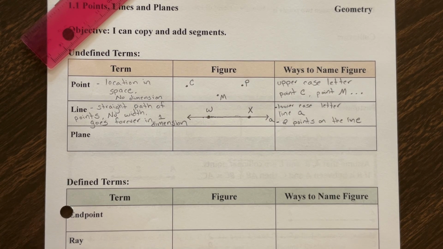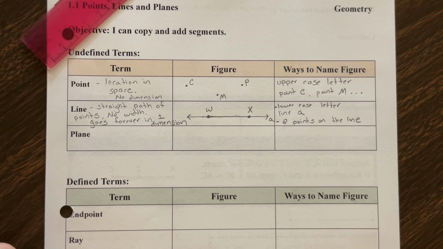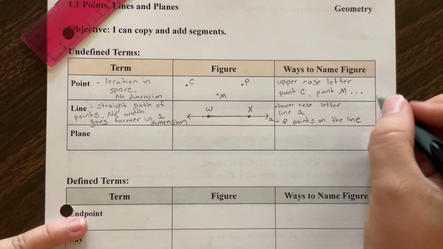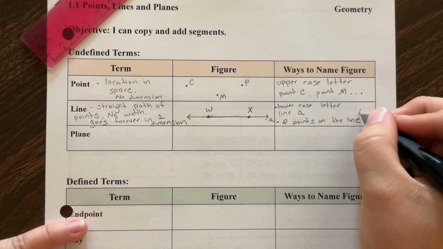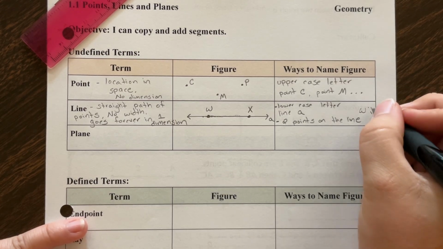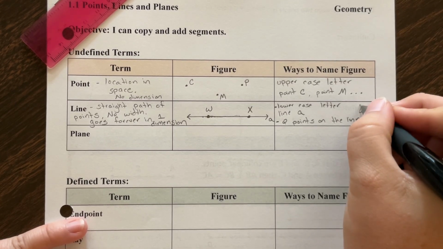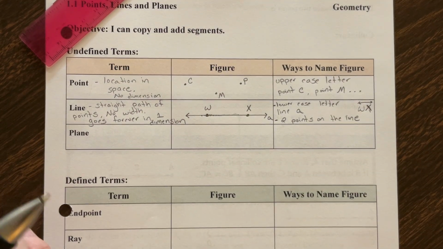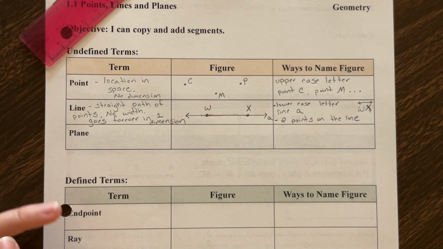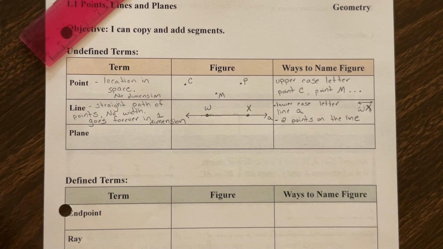So I could call this line WX, and a shortcut way of writing that would be WX. Sorry, pencil break. And then we draw this line symbol on top, with an arrow on both ends. That is line WX. But you only need to name it with 2 points on the line.